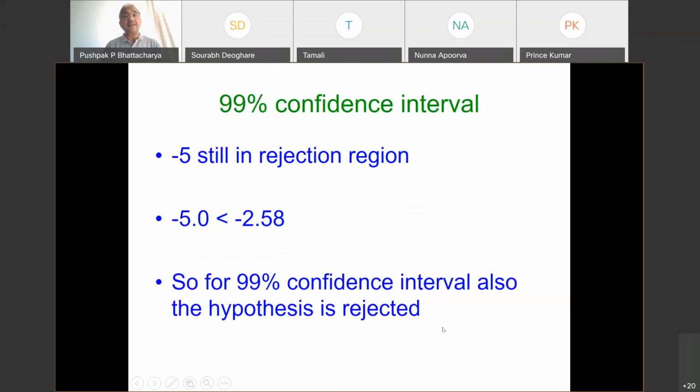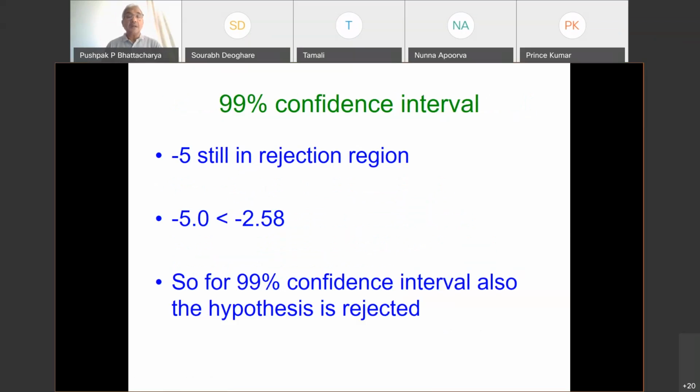Now, if we take 99% confidence interval, naturally, we will be more strict. And this region will now become more constrained, and minus 5 is still less than the Z critical value. Minus 5 is less than minus 2.58. So for 99% confidence interval also, the hypothesis is rejected.